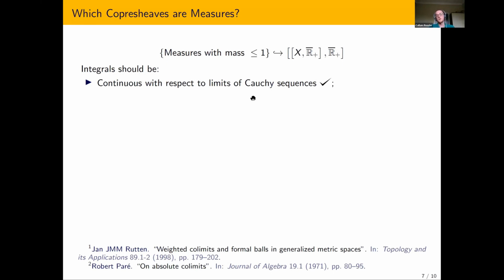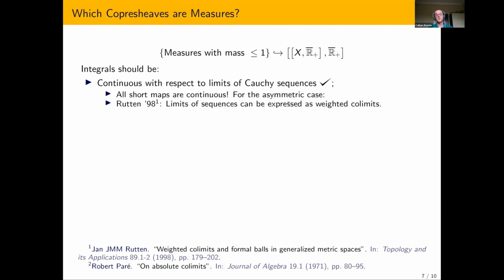And it just turns out that all short maps are continuous. This is easy to prove from the definition, but we're actually working in an asymmetric case here. And a nice way to get around doing the analysis is, there's a result by Rutten which says that limits of sequences can be expressed as weighted colimits.